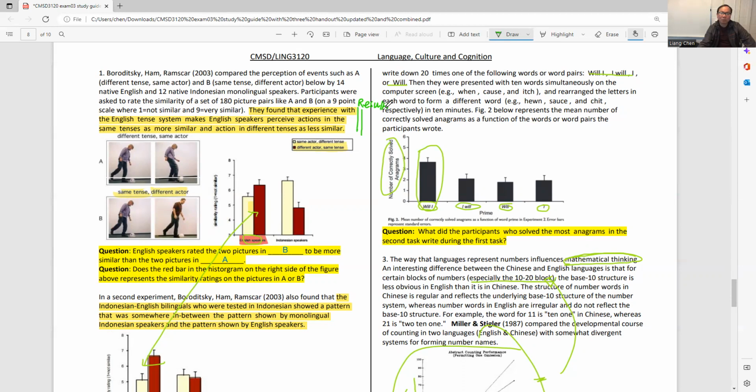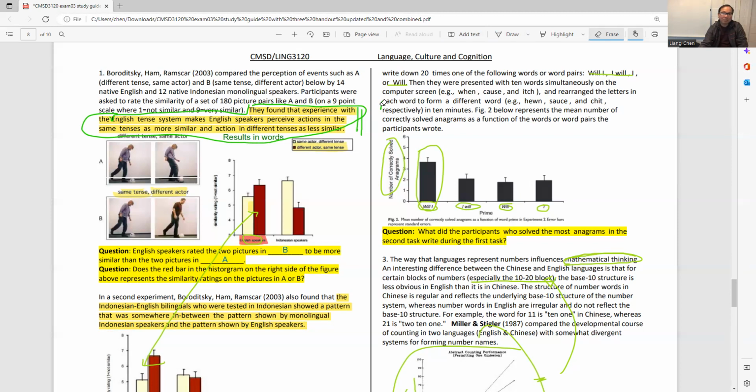Then, of course, these are the results in words. What do you see here? Results in words. What you need to do is find out the corresponding results in the figure.